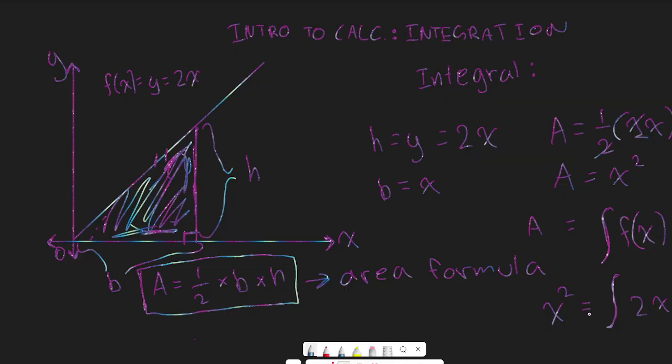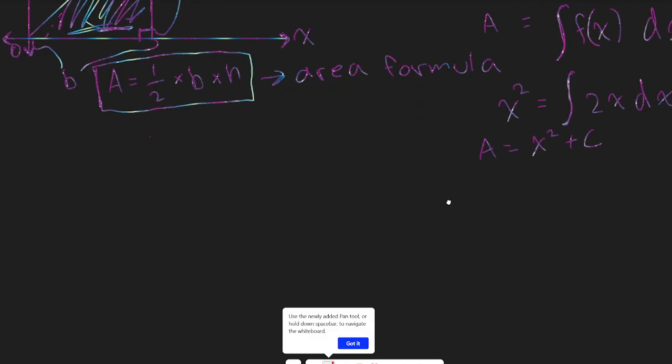But over here, after solving for this, you're actually supposed to get that A is equal to x squared plus c. Okay, so now you're going to be wondering, what is that c, why is that there, and what's the point of it?